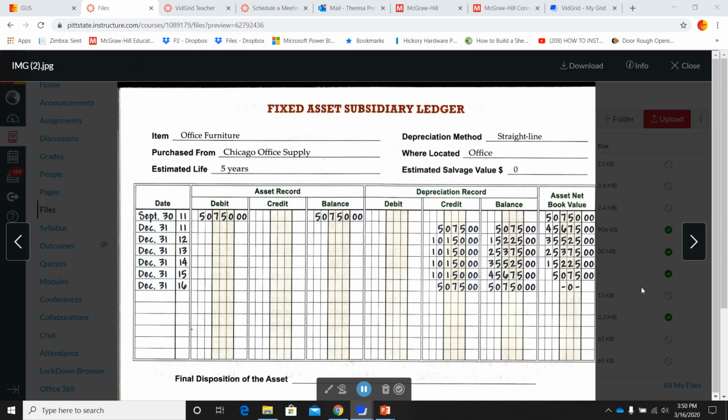We have not finished all our transactions. So your item on page 43, at this point, there should be just one line completed, and that should show a debit, a balance, and an asset net book value all equal to the amount which you are showing as the purchase value of those tablets.